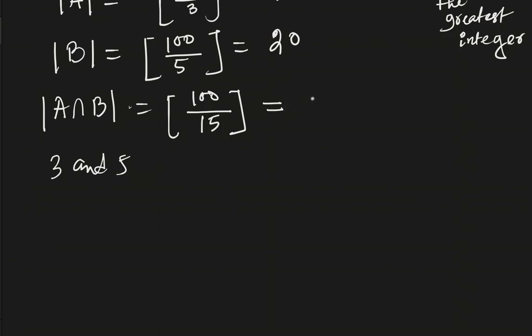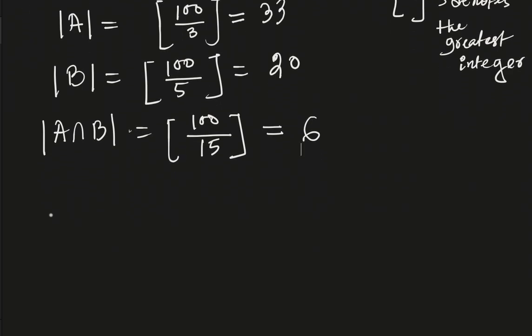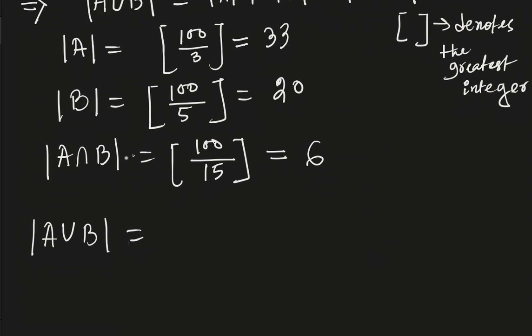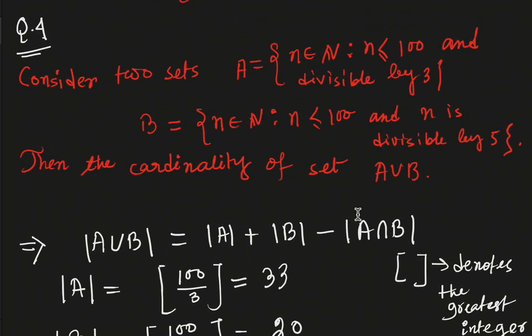It will be 6 numbers. So in the set A intersection B only 6 elements will be there. Now if I use this corollary, the cardinality of A union B will be 33 plus 20 minus 6, which is 47. So the cardinality is 47.